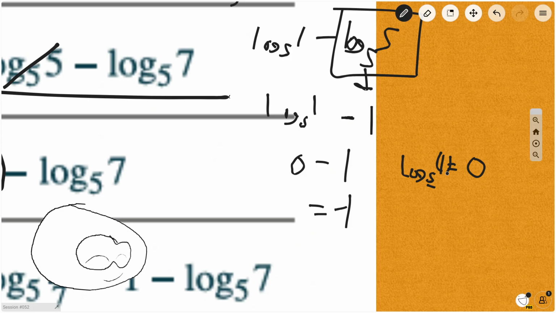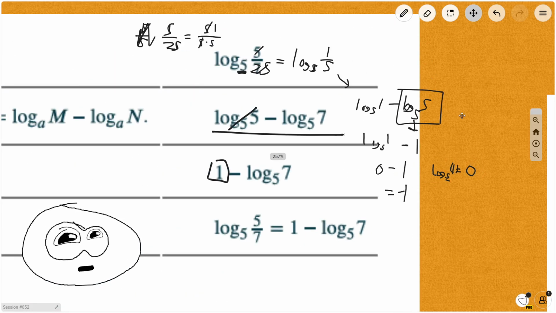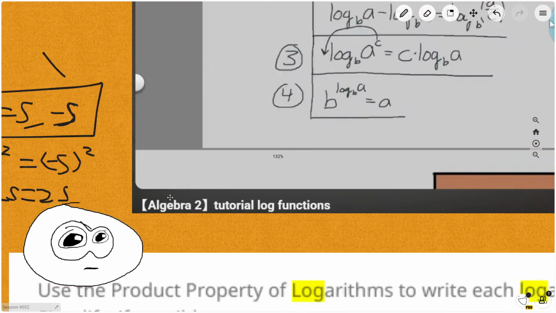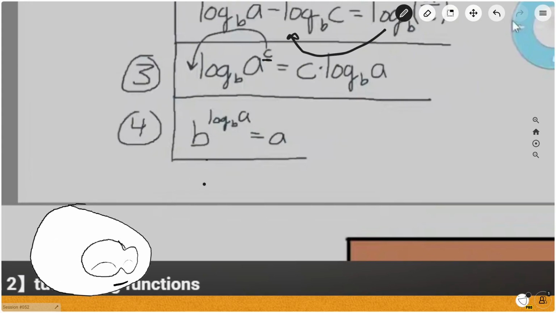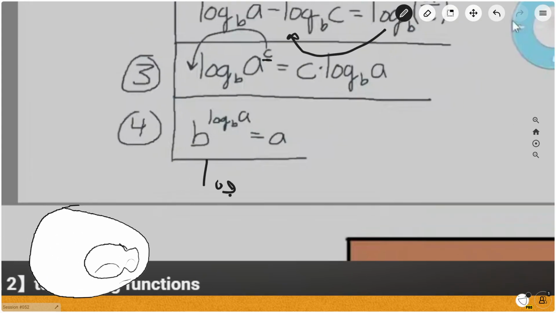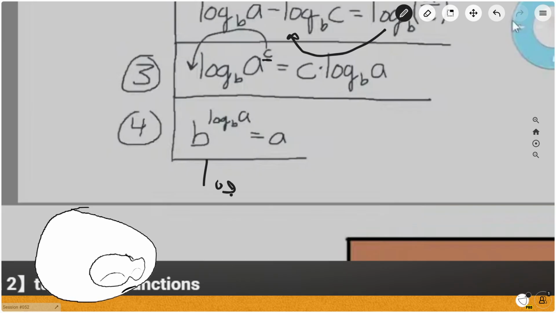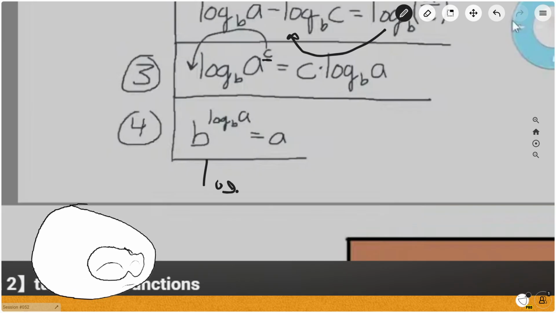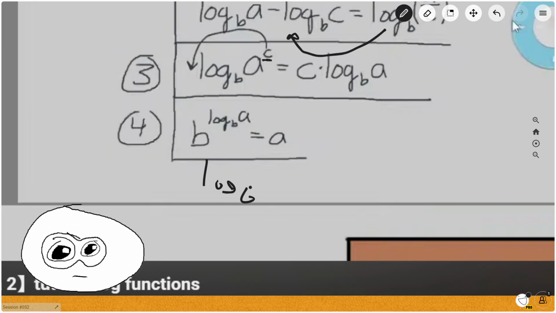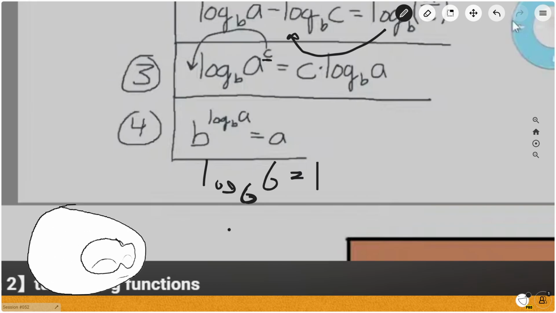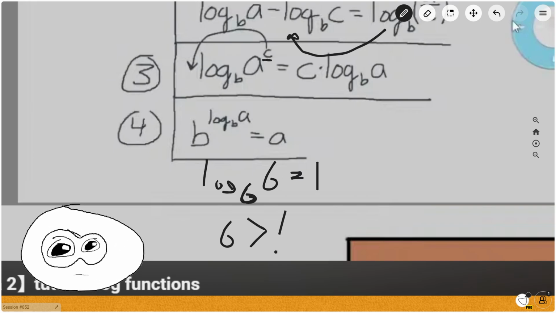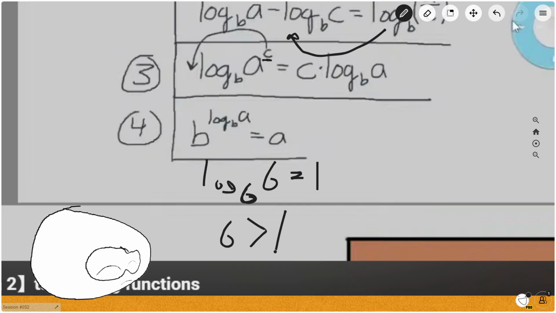Yeah, okay, I just rediscovered something that was already explained a long time ago. But yeah, an addendum to this is that basically, log... Oh no, wait. Maybe I did it wrong. Hold on. Log base b of b equals 1, so long as b is greater than 0 and not equal to 1.